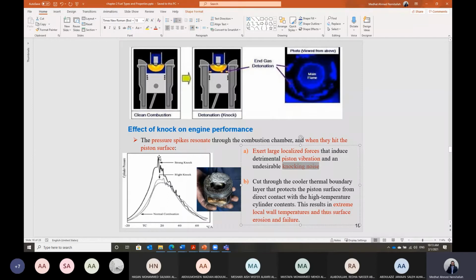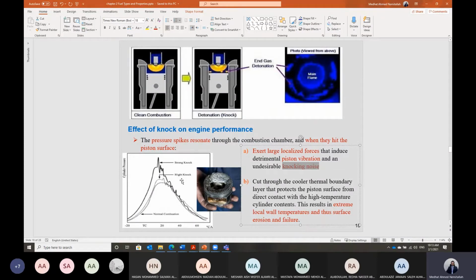As you can see, this is when we have a strong knocking. The fuel is of lower grade, lower octane number, so we have self-ignition in different locations, and the pressure spike is very high compared to the dotted line, which represents the case of normal combustion.